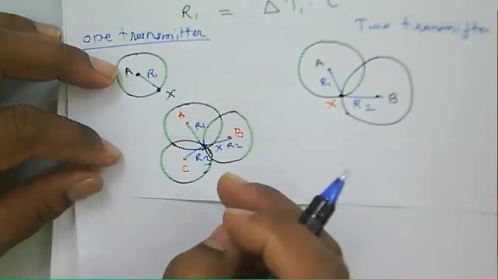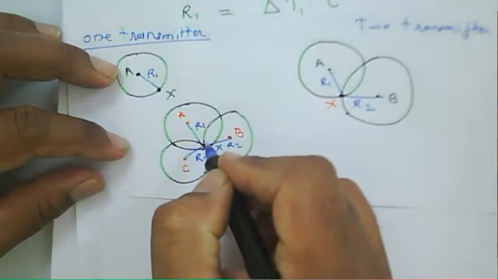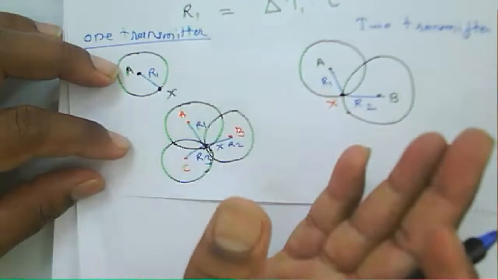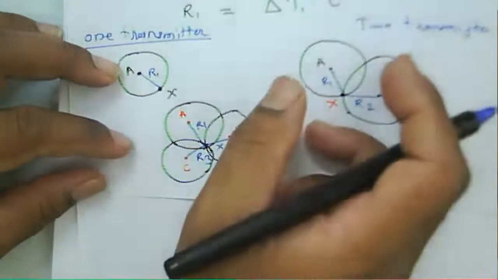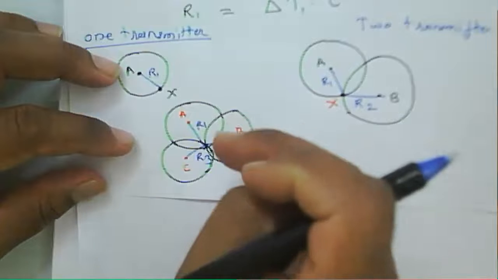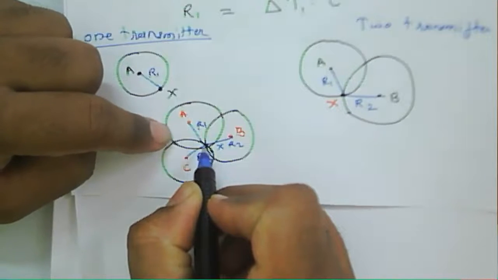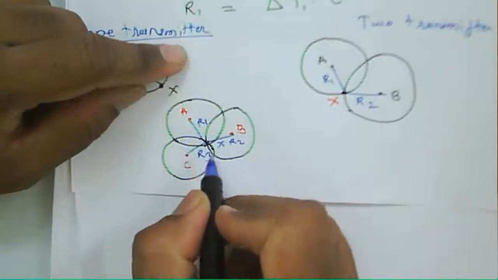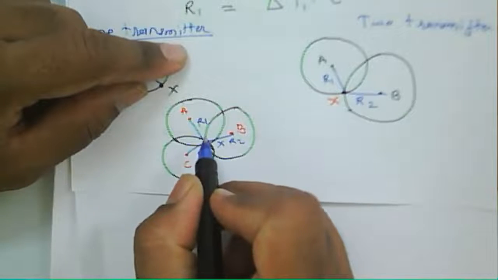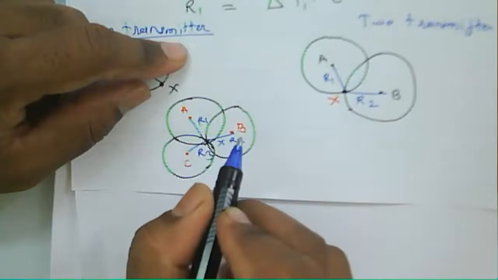Now if you see the position or location of this X, the receiver, again we are not able to say at what location it is. We should know the locations of these three transmitters, and we are getting only the range, just the distance from this particular X.